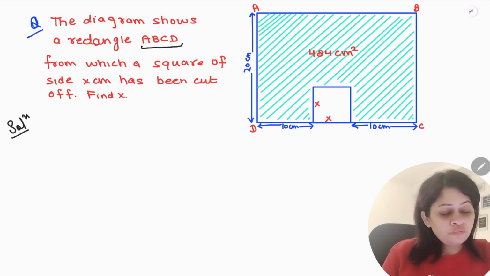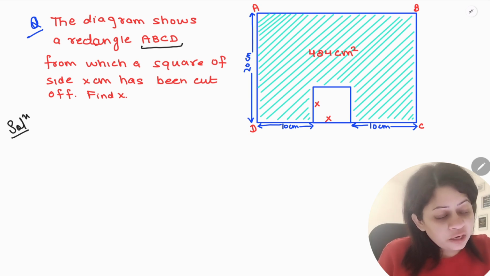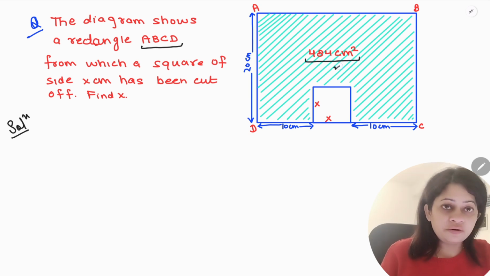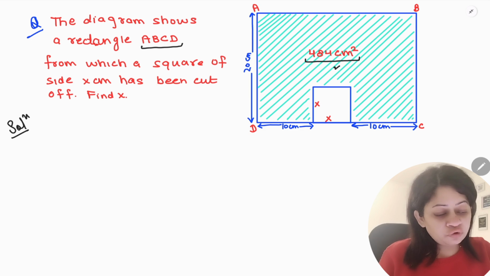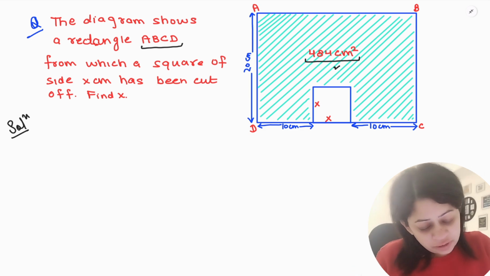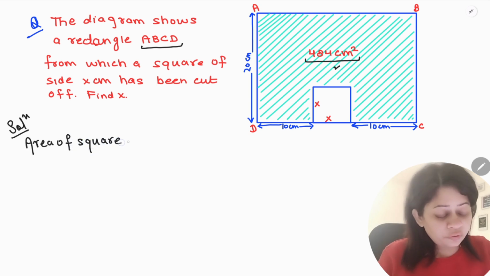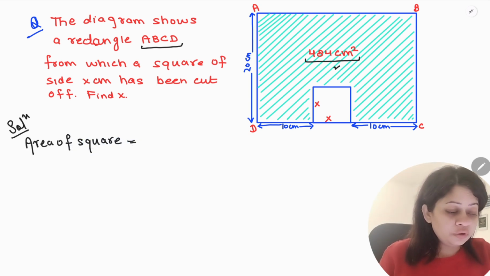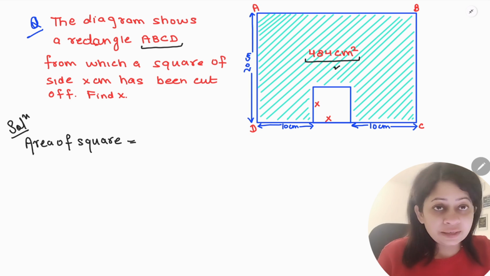Okay, so what are we given? We are given that the area of this shaded part is 484 centimeter square, right? So if I want to find the area of the square, that will be equal to the area of the rectangle minus the shaded area.